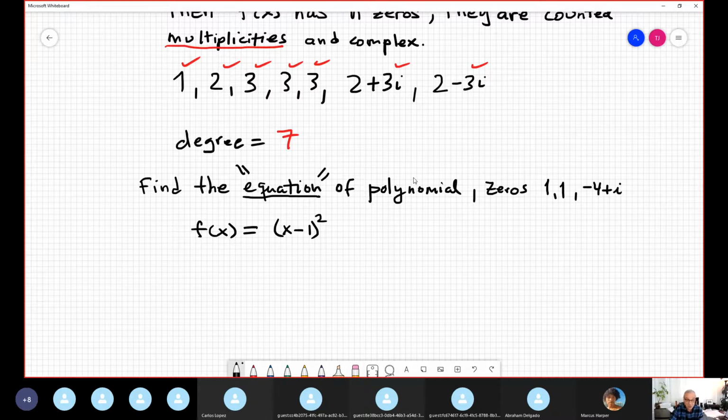And we have this complex given, but I know that we have another complex, the conjugate of this case, negative 4 minus i. Remember, the conjugate has the same sign in the real part, but opposite sign in the imaginary part. So you have x minus (-4 plus i) multiplication x minus (-4 minus i). What is this?